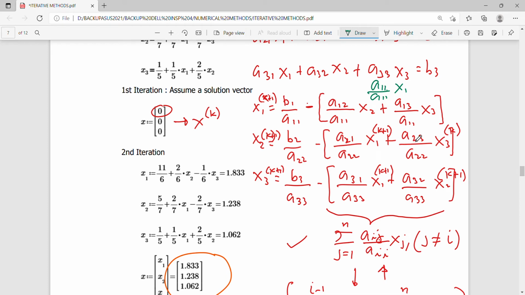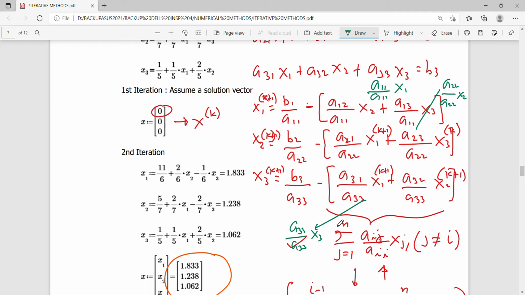And so the A22 over A22 x2 term here is also excluded, and the A33 over A33 x3 here is also excluded.